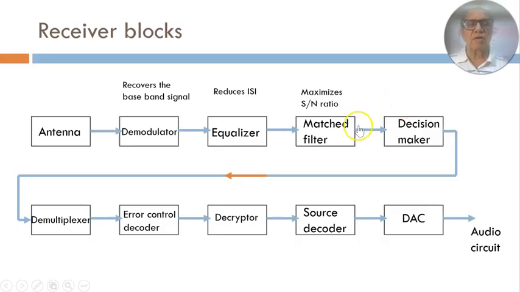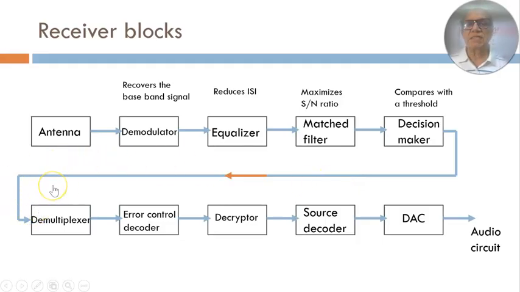Then, having got the output from the matched filter, you have to take the decision whether the received waveform is 1 or 0. So it has to be compared with a threshold, and that is what the decision maker does. Okay. So at the output of the decision maker, you get a stream of bits.